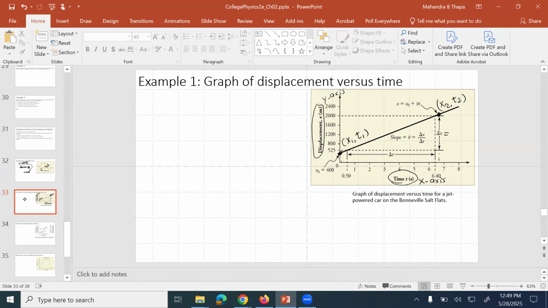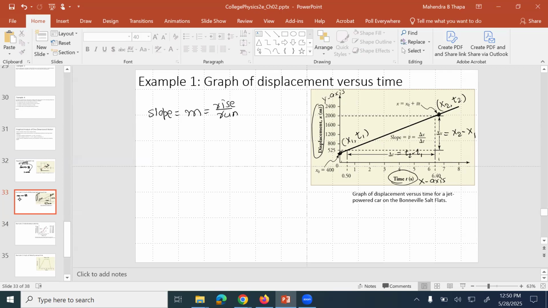Clearly my rise will be x2 minus x1, and my run will be t2 minus t1. So slope m equals rise over run.